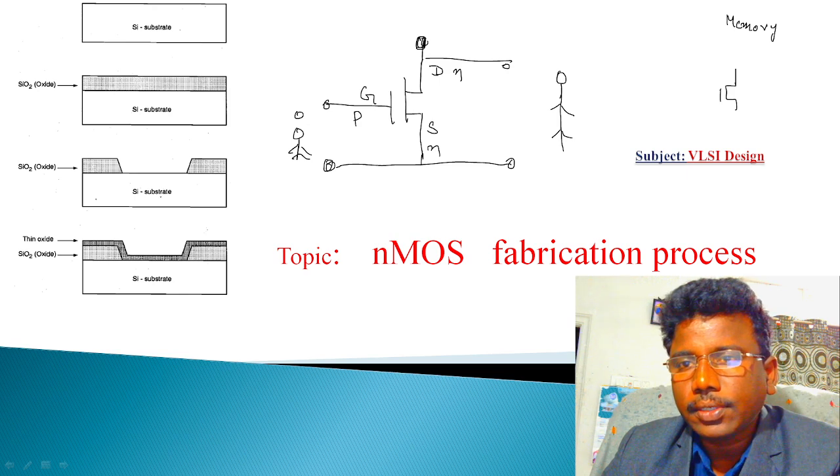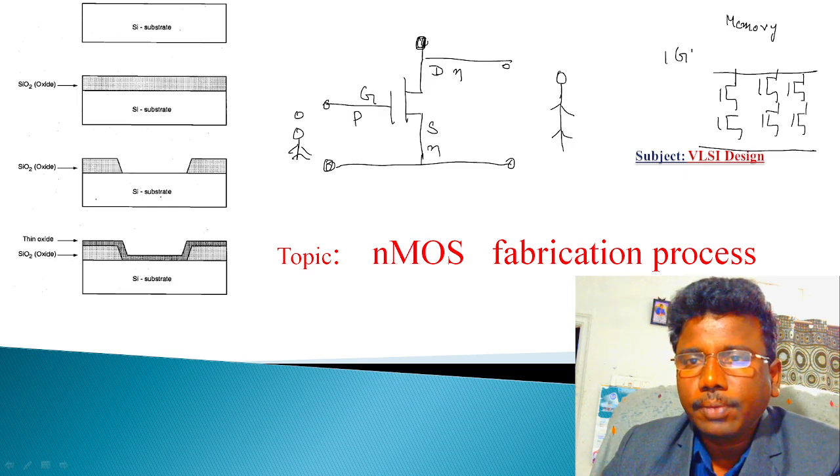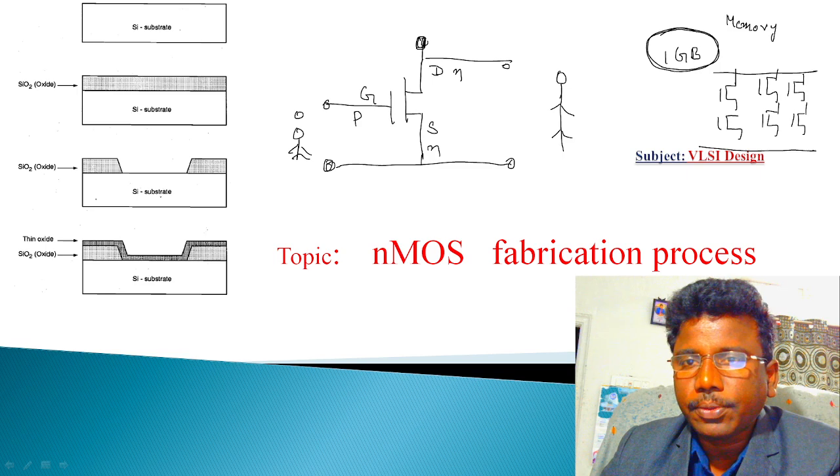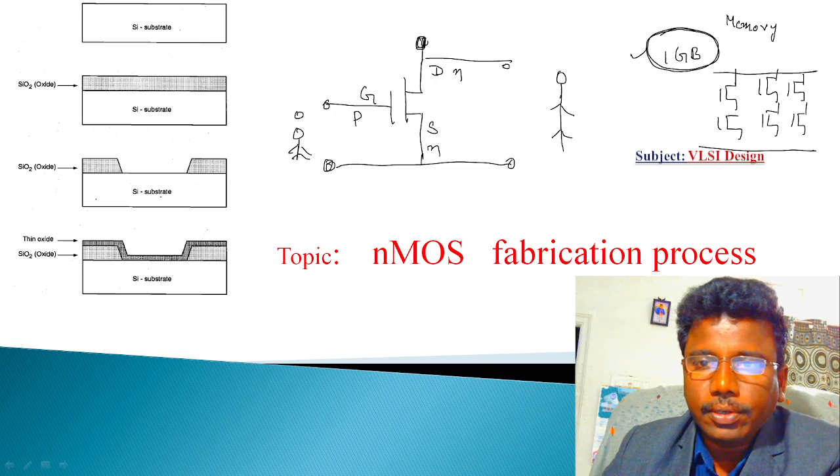An array of transistors is a memory card, or else we can design RAM, ROM, everything. If the number of transistors is more, the memory size is high. If the number of transistors is less, the memory size will be decreased, of course. So these are the applications of the transistor.